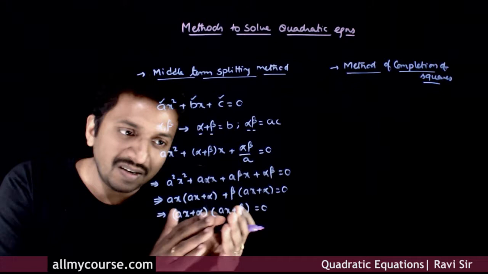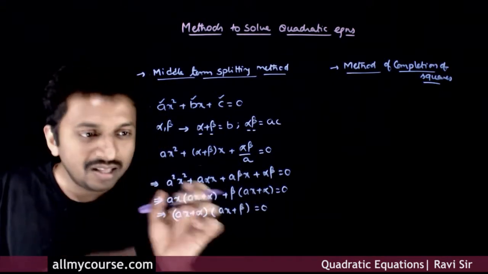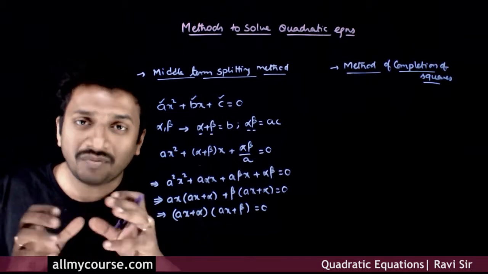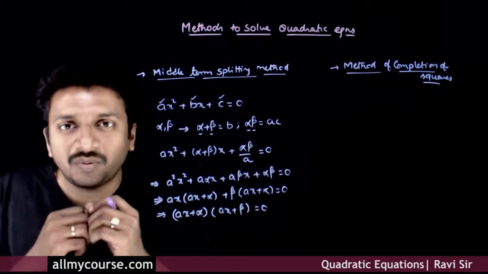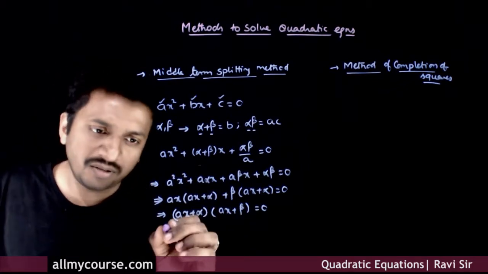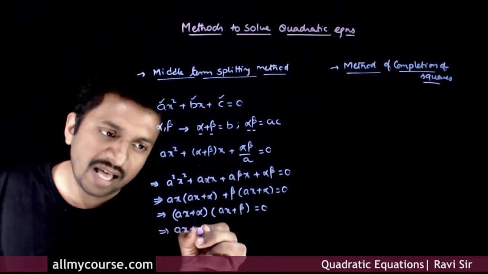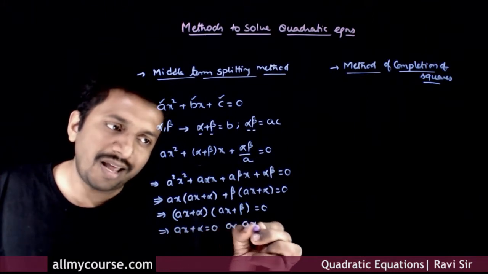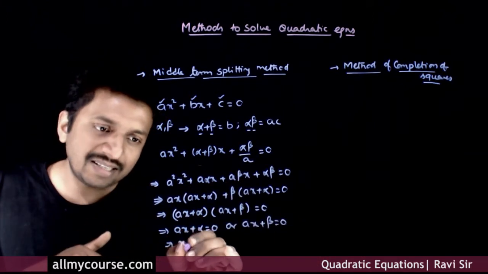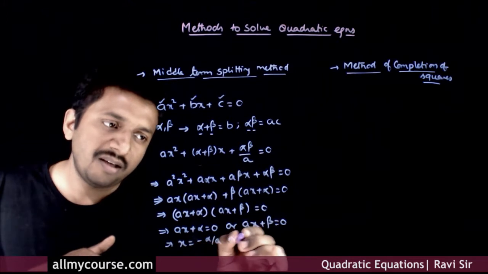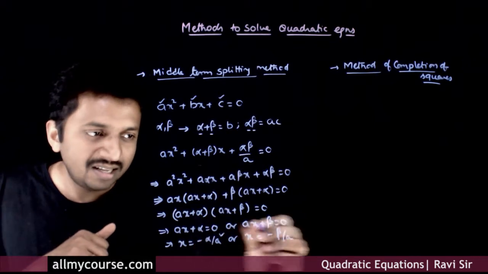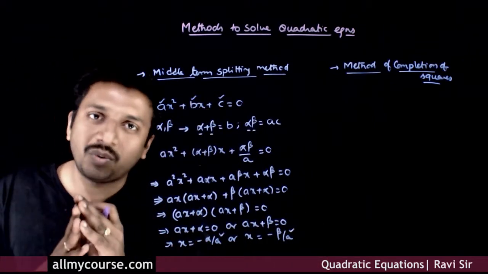Now the product of two terms is equal to 0. When will the product of two numbers be equal to 0? Either this number has to be equal to 0 or this number has to be equal to 0. So ax plus alpha is equal to 0 or ax plus beta is equal to 0. This implies x is equal to minus alpha by a or x is equal to minus beta by a. So these are the two solutions to this quadratic equation.